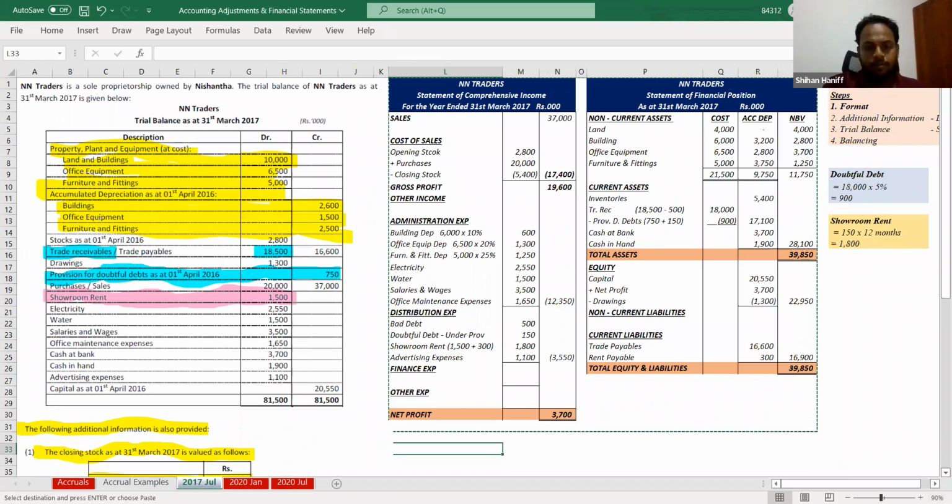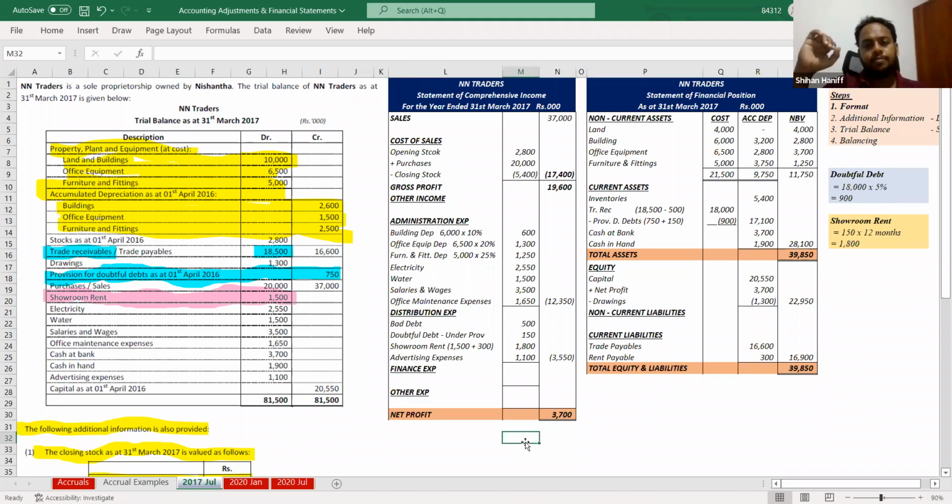Right. So let's move on to another question to understand the format, the basic adjustments.